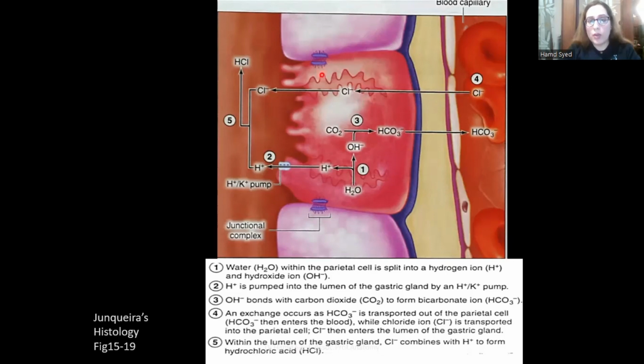And as this chloride comes into the parietal cell, it is then going to move from there into the lumen of the stomach. So eventually in the stomach, you've got chloride ions and you've got the hydrogen ions. So they will bond and they will form the hydrochloric acid. So these are the steps involved in the production or secretion of hydrochloric acid by a parietal cell.